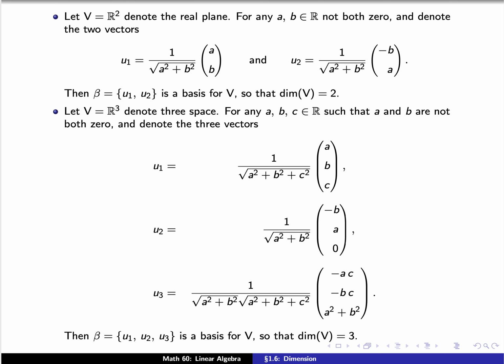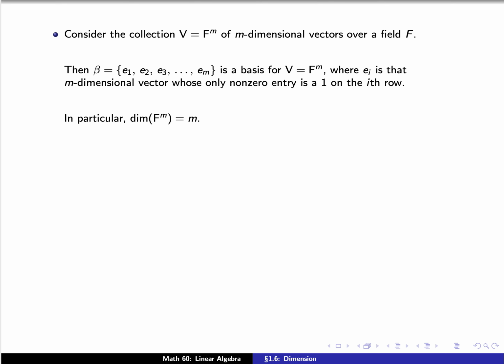A similar thing happens for R3, for 3-space. We see here on the screen that there are infinitely many choices of a basis, beta, but it doesn't matter. In either of these choices, there's exactly 3 elements in this basis. So we would say that R3 has dimension 3. More generally, say that we have m-dimensional vectors.